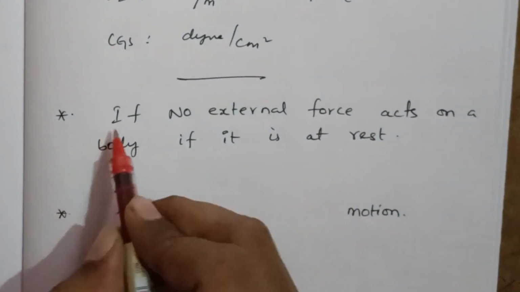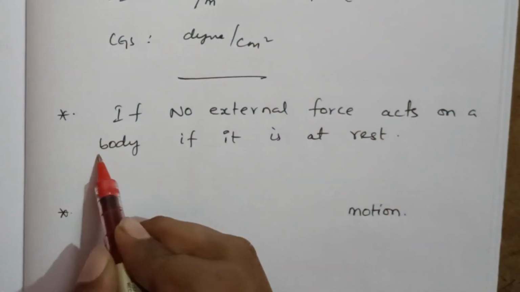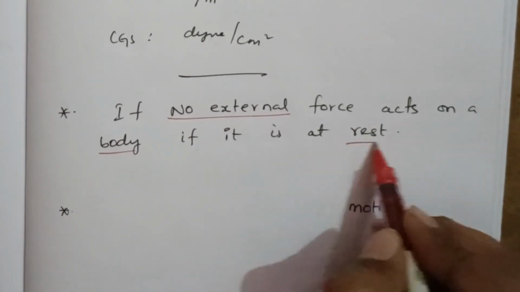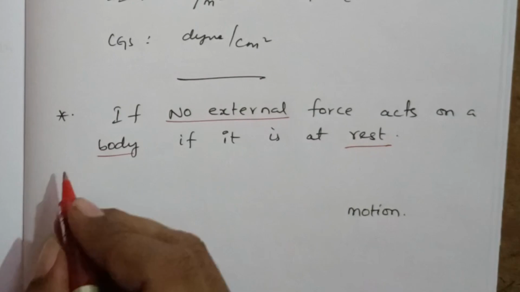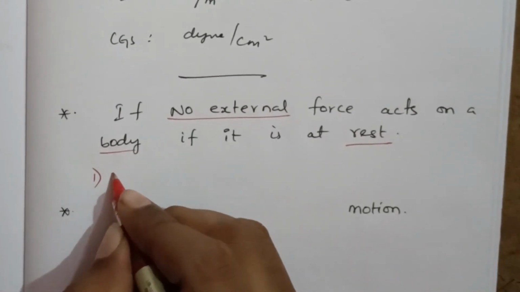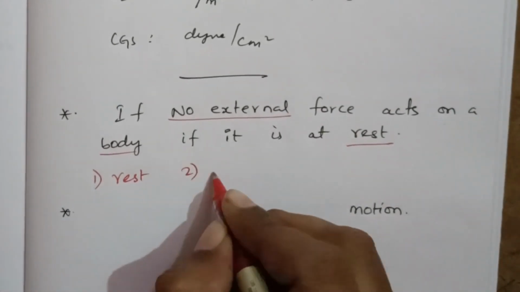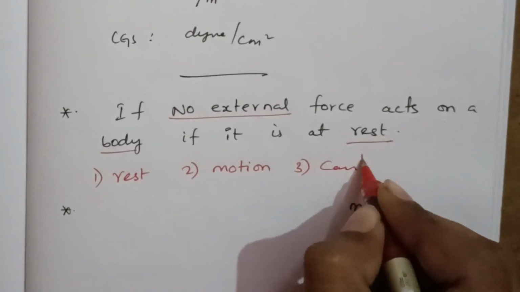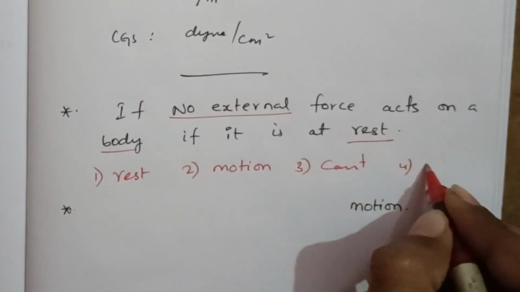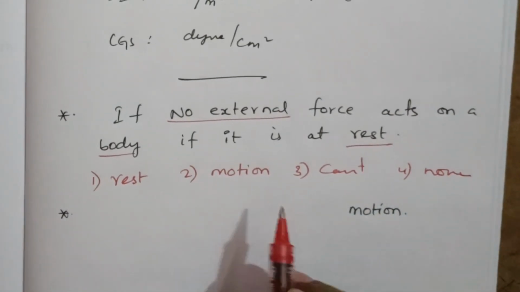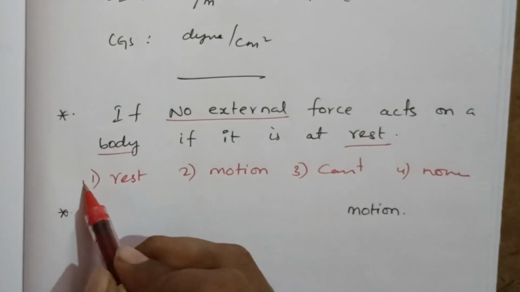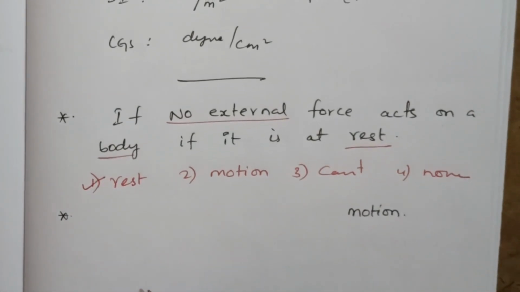The question is, if no external force acts on a body, if it is at rest, the options are: first, rest; second, motion; third, can't say; fourth, none of these. If no external force acts on a body and it is at rest, it will stay at rest.